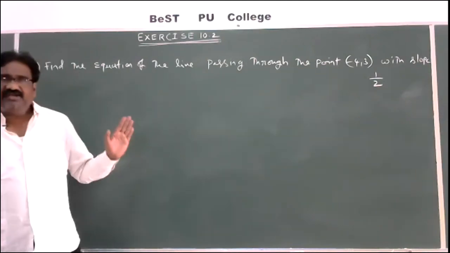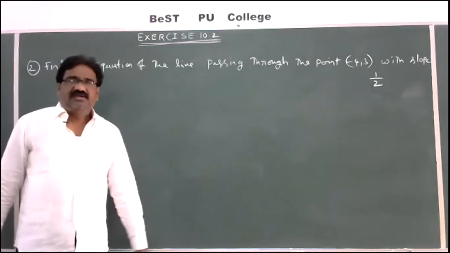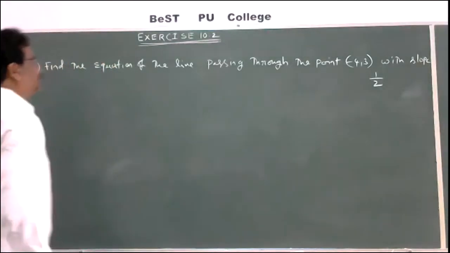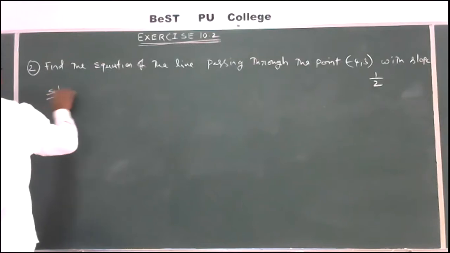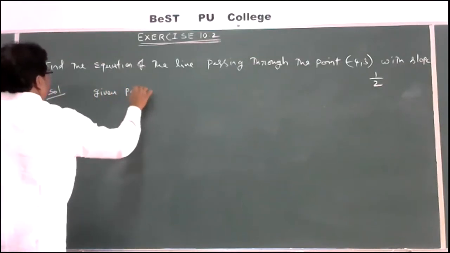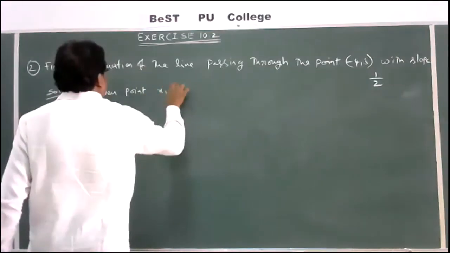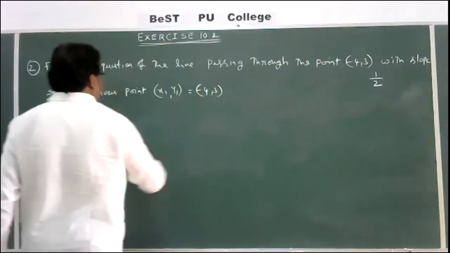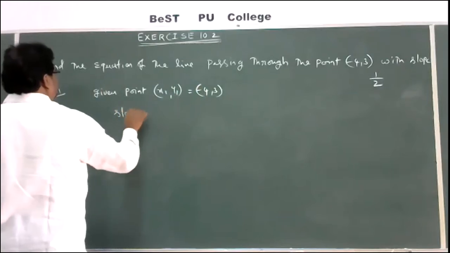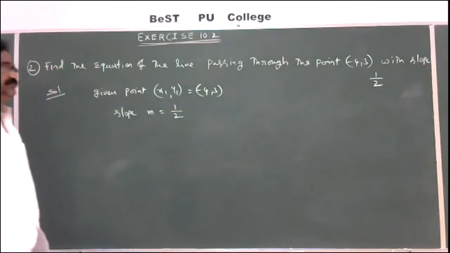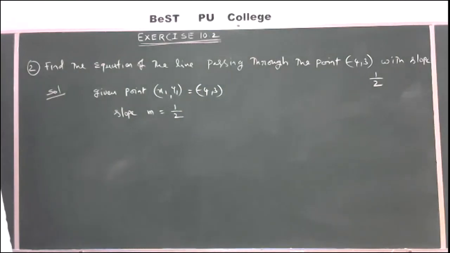So here we can use the slope and point form: y minus y1 is equal to m into x minus x1. So write the solution. Given point x1, y1 is equal to -4 comma 3 and the slope m is equal to 1 by 2.